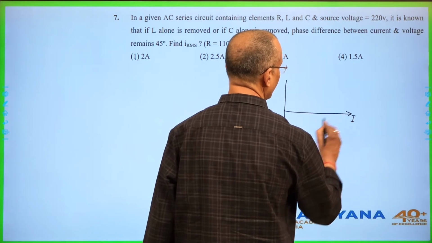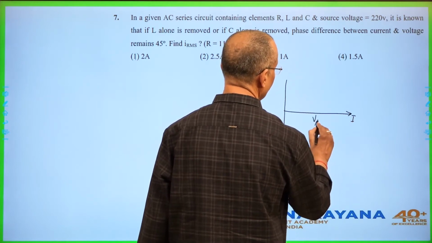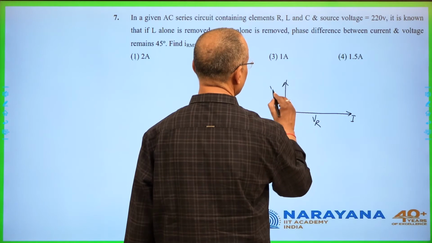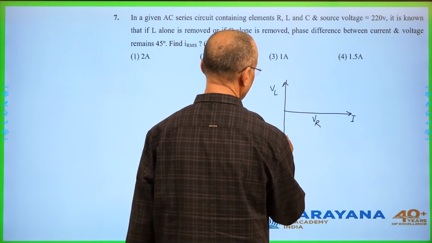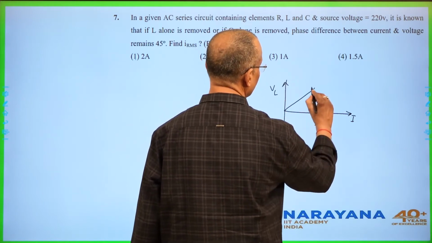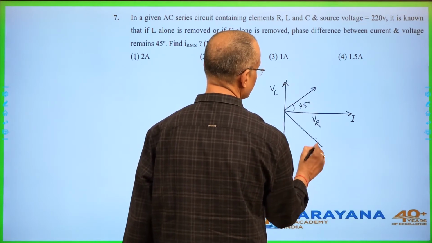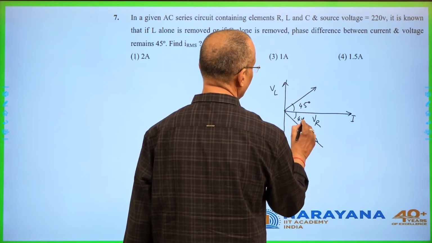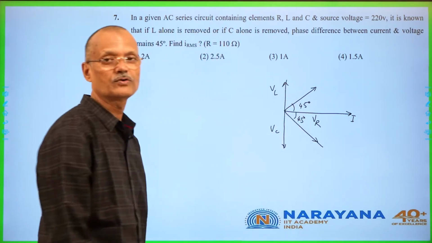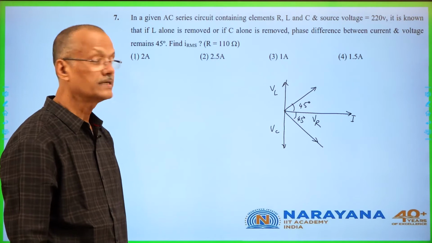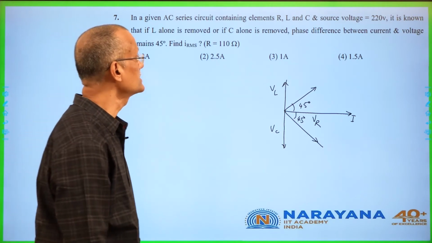If it is I, here it is VR, here it is VL, here it is VC, and this angle is 45 degree, it directly means that VL equals VC. It is purely a series resonant circuit.